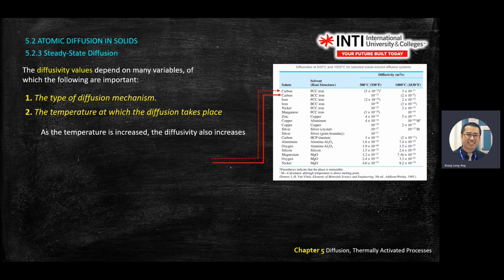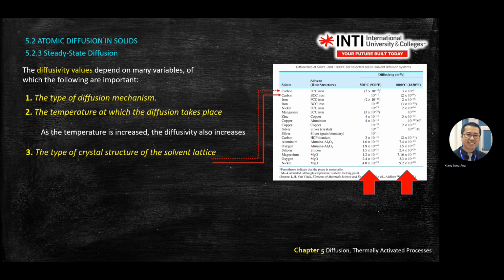Second, temperature. If the temperature is different, then diffusibility increases, like what you see on the screen here. I explained just now. Third one is the crystal structure of your solvent lattice. So you compare the two, carbon in FCC and BCC.